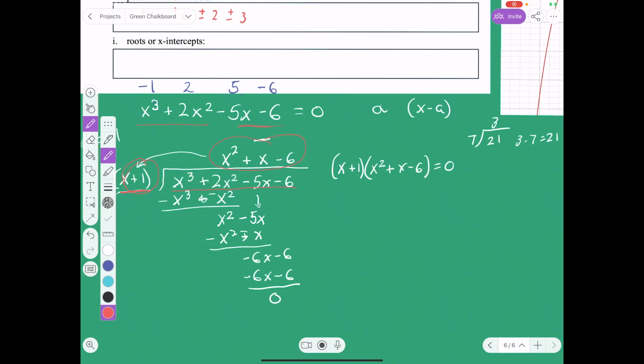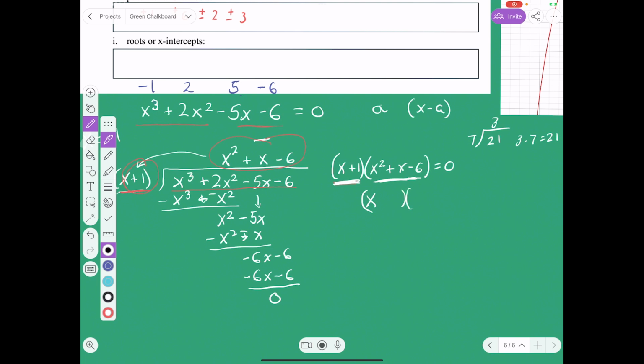Okay, now from our zero product property, we know that this term could give us 0, or this term can give us 0. So we already know the root here. Now we're looking for roots here. And hopefully you'll notice this is a quadratic. And I have a feeling we are going to be able to factor this one.